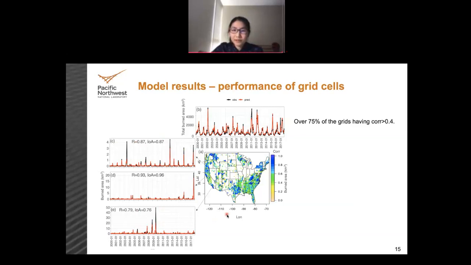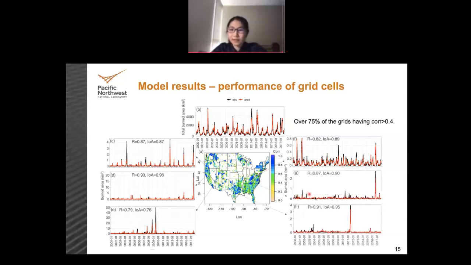But for the Eastern US, here is a grid in Kentucky, and the temporal variability is quite different from the Western US. But with one single model, we can simulate the temporal variability well for both the Western and Eastern US, even though their temporal variability is quite different from each other.